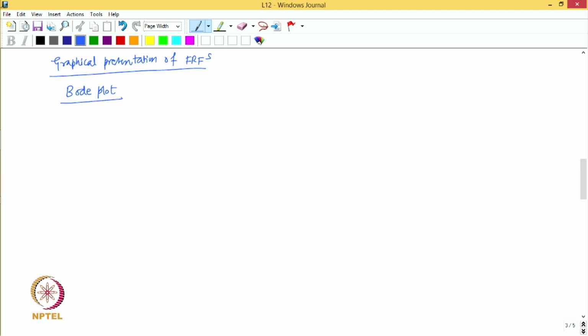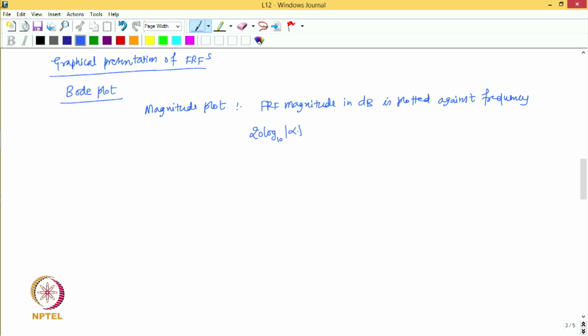This consists of a magnitude plot, in which the FRF magnitude in decibels is plotted against frequency. The FRF magnitude in dB is basically given by 20 log to the base 10 of the magnitude of the FRF.